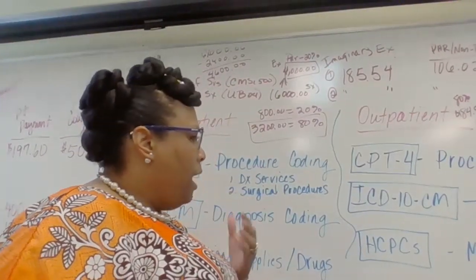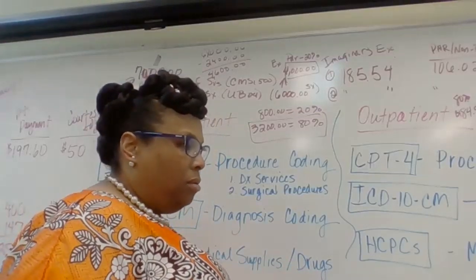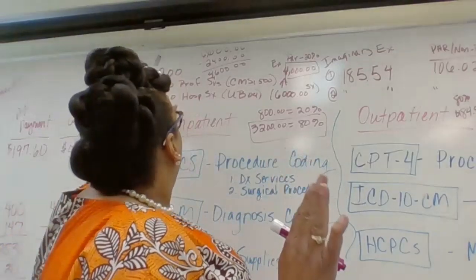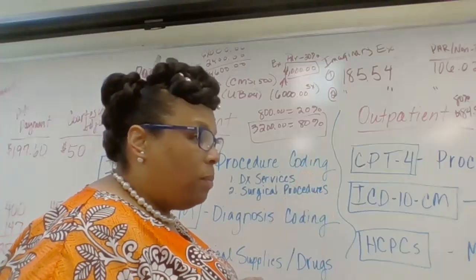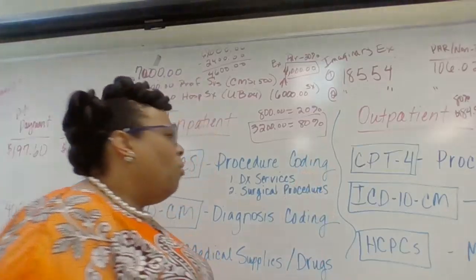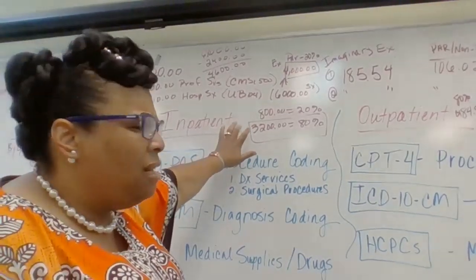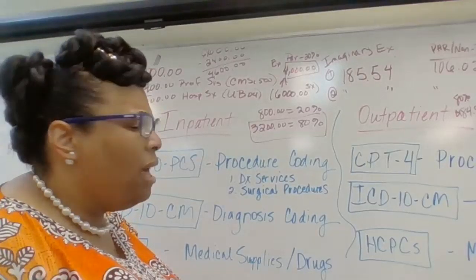And God forbid something happened to you in June, something happened to you in July, something happened to you in August. Bam, your deductible has been met. All 7,000 of it. Now the insurance is going to pay the hospital or whomever 80%. And you're probably saying, well, since they're now going to pay 80%, can I resend this bill for them to pay that?